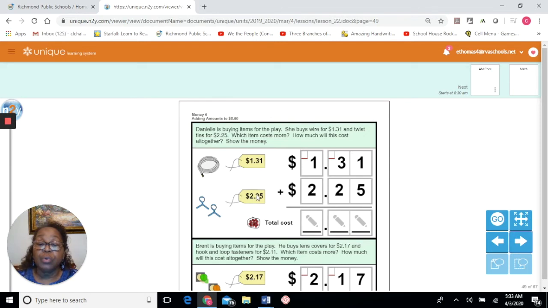They're $2.25. How much will this cost altogether? That's our trigger word, altogether. That means that you're going to use addition to solve this problem. Our mode of operation for right now is addition. These two items added together. All right, let's start in the ones place. Always start in the ones place.